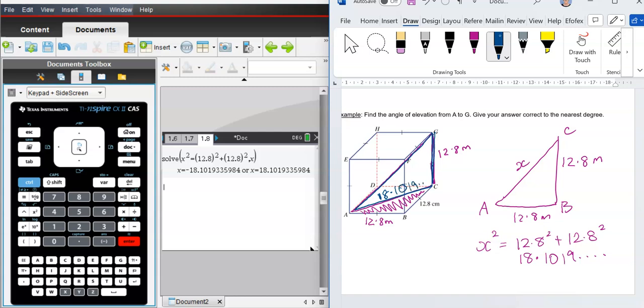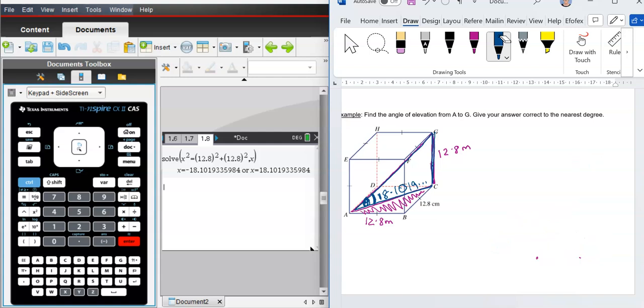So if I'm using that triangle now, I'm going to be able to get my answer from A to G to get that angle in here. Okay, so I need that angle of elevation from A up to G. So I'm just going to get rid of this because I haven't got enough space to keep going with the other bit of the answer.